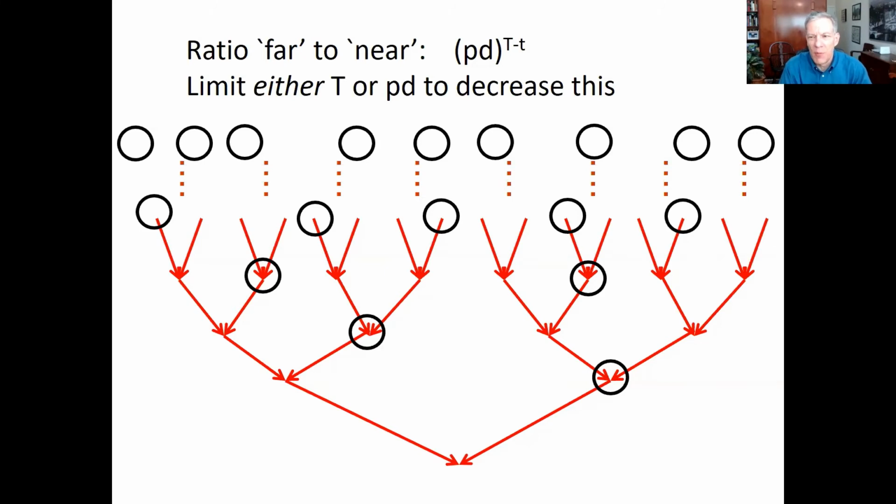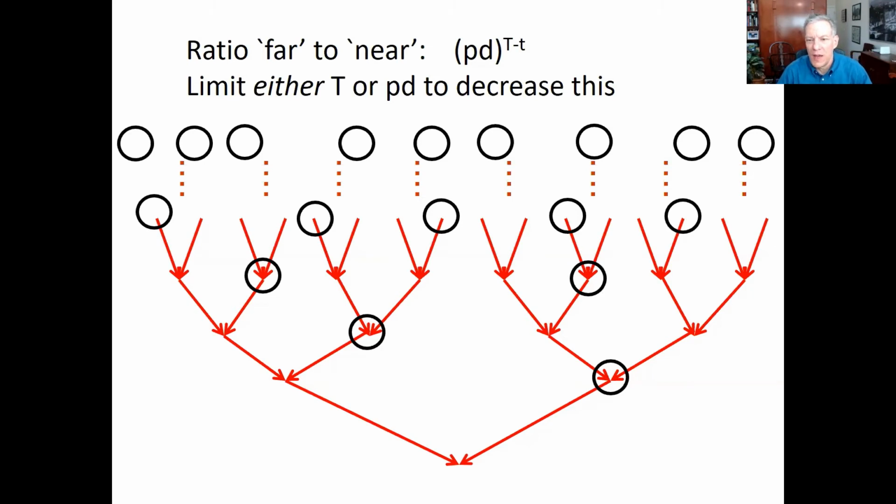P is the probability that a message gets passed, and D is the number of connections on average. So think of D as my 500 friends, and then P is the 1/5 chance that one of them passes things along. That means that I've got about 100 effective friends. And then as you go out, this gives you the expansion rate of this graph, and how many nodes there are at different distances just depends on comparing different distances.